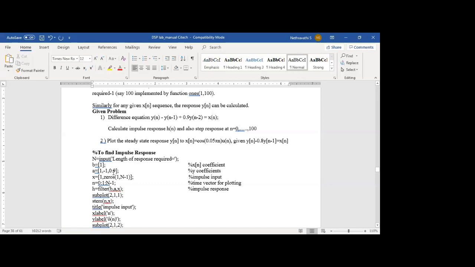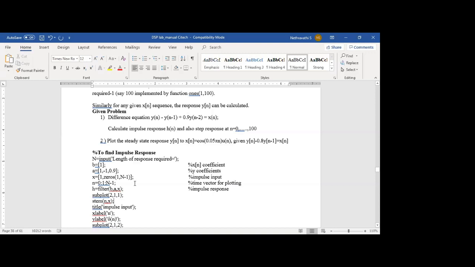Here, my output coefficients: for y of n, the constant coefficient term is 1. For y of n minus 1, the coefficient term is minus 1. Then we have coefficients of 0.9, with a plus symbol. So I'm just replacing the A coefficients as well as the B coefficients here.